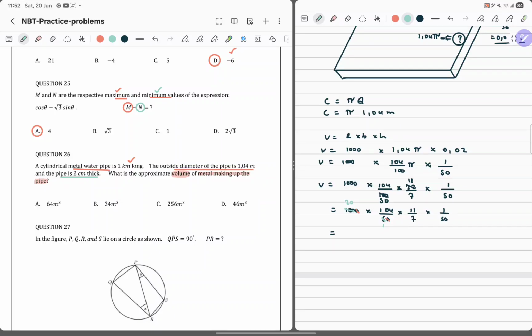Then the next thing, we know that 50 here. Okay, we can say here this and that go away. Now we've got the things. But I still have numbers I don't like. Is there any relationship between 7 and 104? Don't stress. If you don't remember, don't stress.